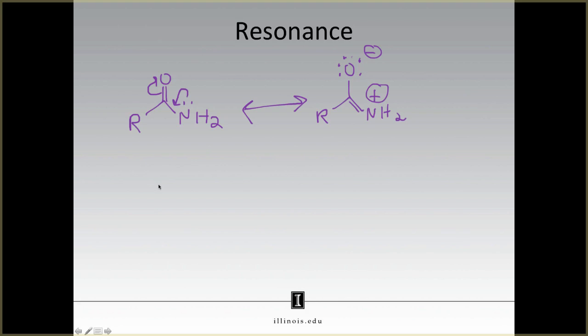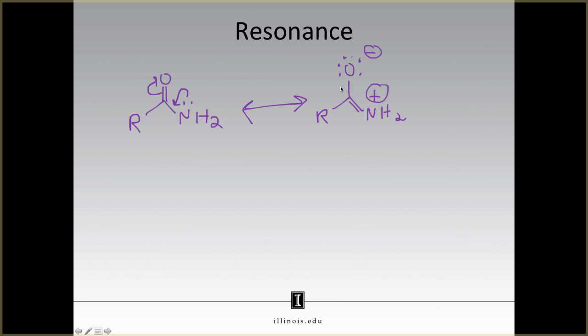Let us look here particularly at the carbon-oxygen bond. In the resonance structure on the left, I have a double bond between the carbon and the oxygen. Double bond is a strong bond. In the resonance structure on the right, I have a carbon-oxygen single bond, which is weaker than the carbon-oxygen double bond.